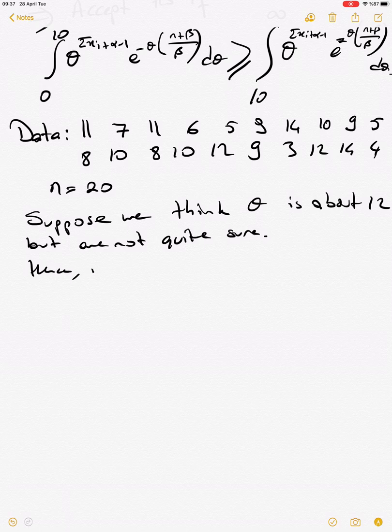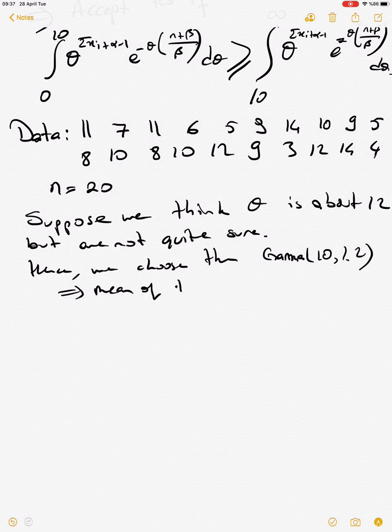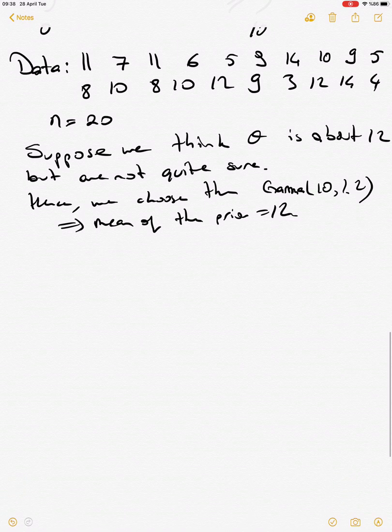Hence, we choose the prior distribution for theta as a gamma distribution like that, then the mean of the prior will be 12. Based on that, we can calculate the summation of xi, which is 177.